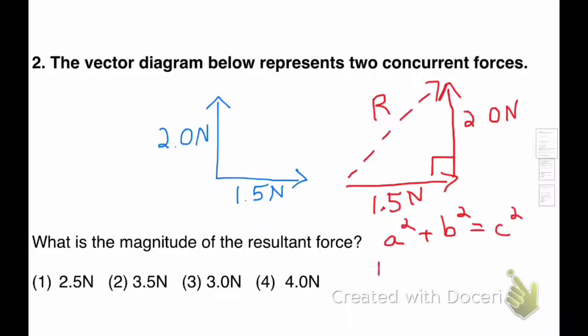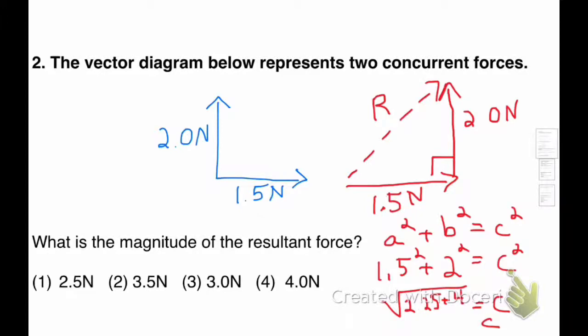By inputting the information, 1.5 squared plus 2 squared equals C squared, we can see that C would equal the square root of 2.25 plus 4. Therefore, C would equal 2.5. If we match it up with our answer choices, we see that choice number 1 is the correct answer.